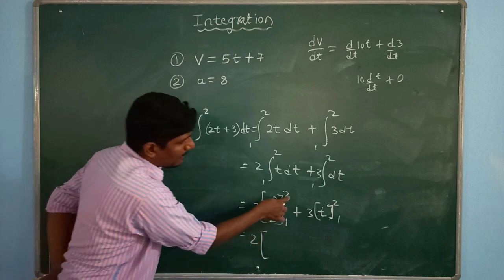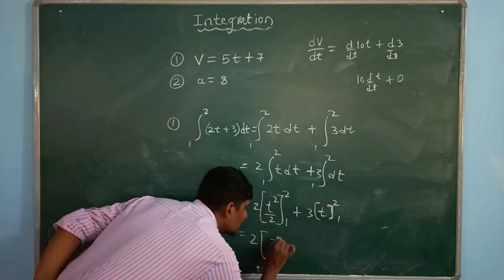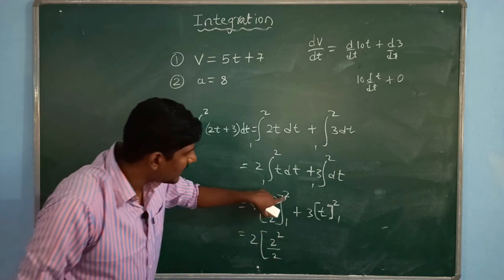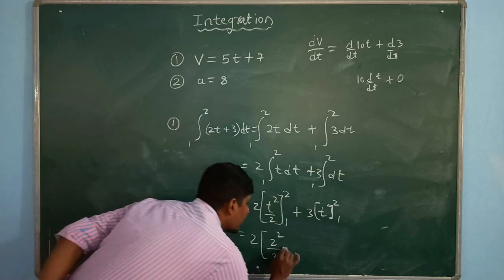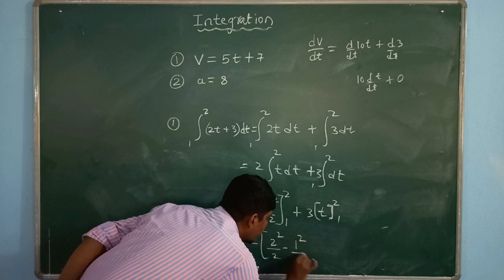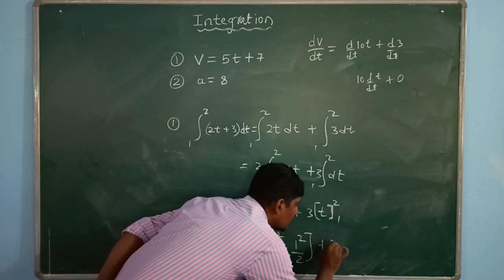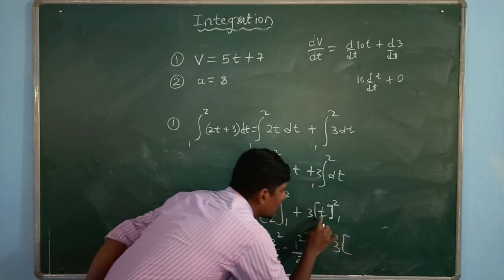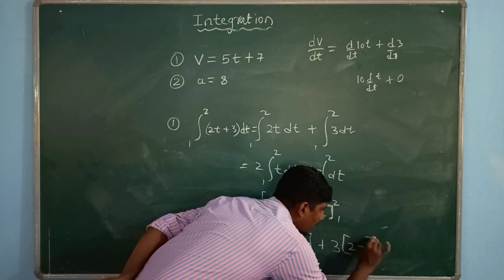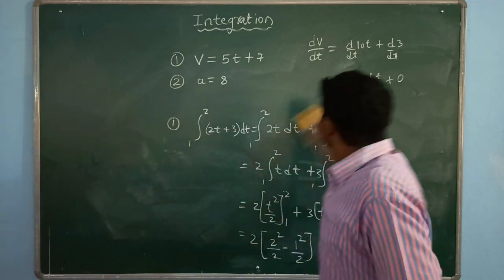First step, apply the upper limit in place of t. So 2 is there, 2 square divided by 2. Correct? In place of t, write the upper limit. Minus, in place of t, write 1. So 1 square by 2 as it is. Plus 3 as it is. Now in place of t, write 2. Minus, in place of t, write 1. Upper limit minus lower limit. This is the formula.